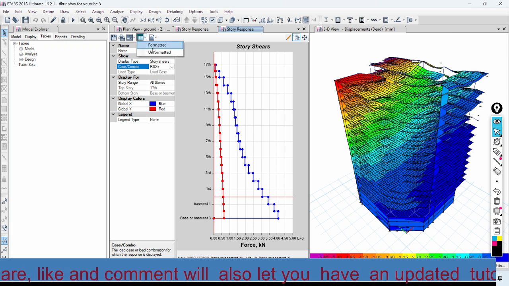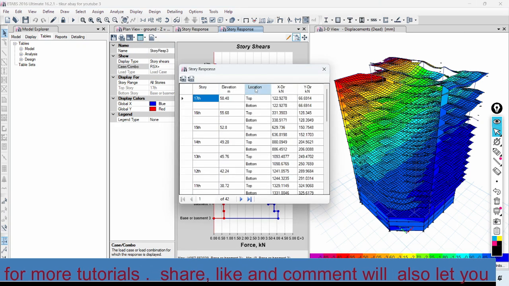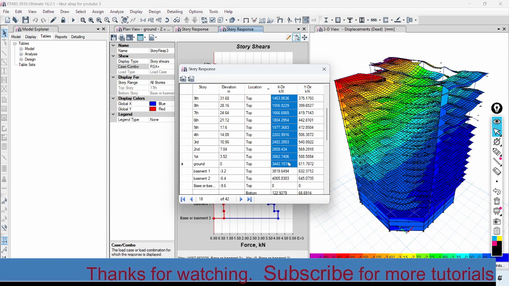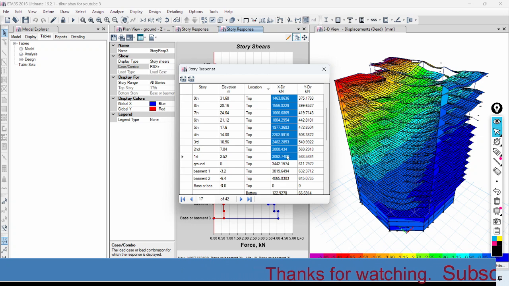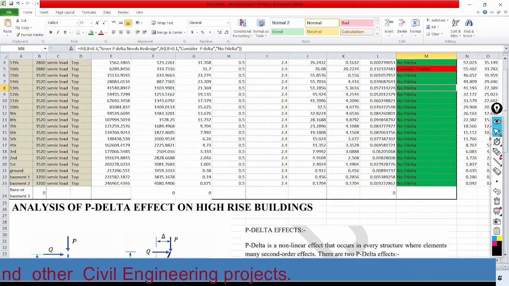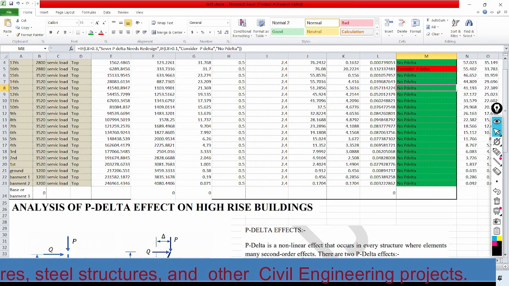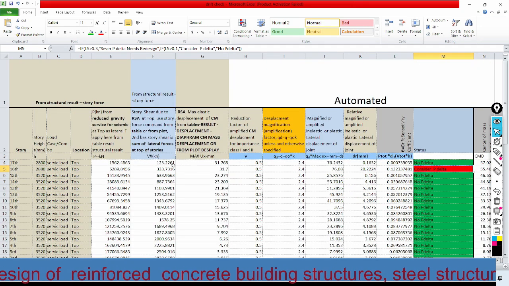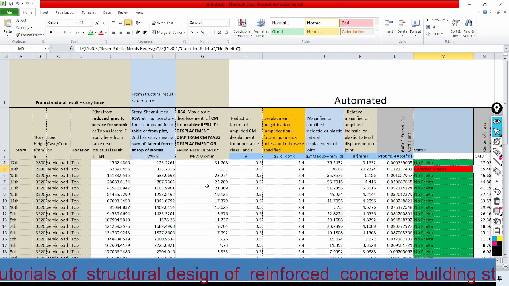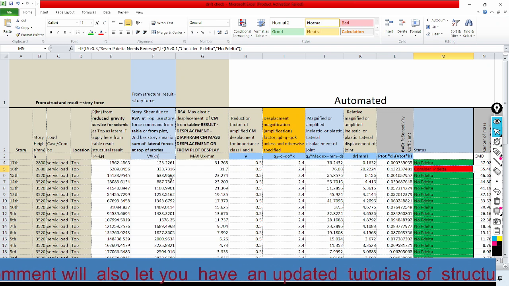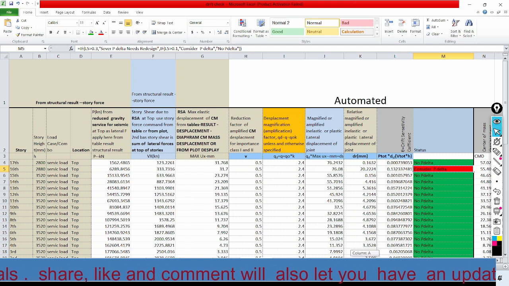Okay, just come to here, select the top part, so copy this one. Control C. Just come to the positive x direction here. So the aim is to show the increments of the story drift when we consider the P delta.